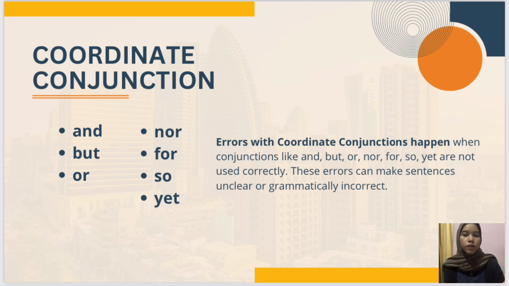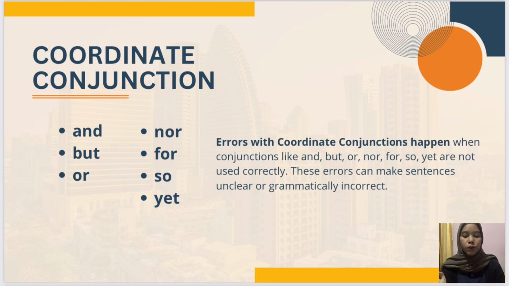There are seven coordinate conjunctions, known as FANBOYS, which are for, and, nor, but, or, yet, and so. So errors with coordinate conjunction happen when the FANBOYS are used incorrectly. This error can make a sentence unclear and grammatically incorrect.